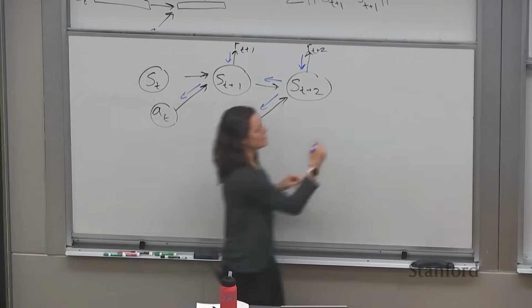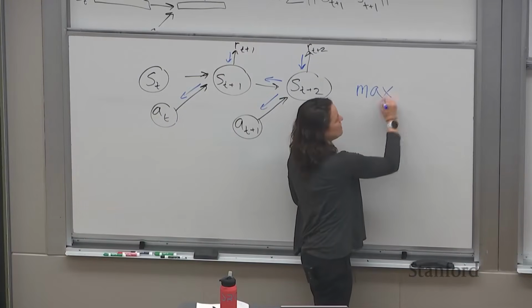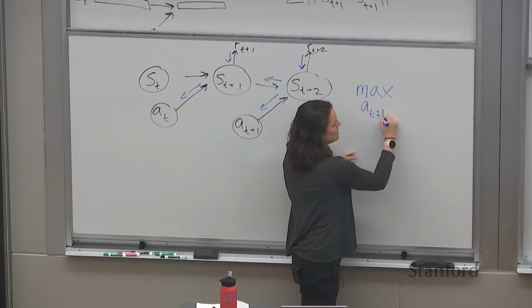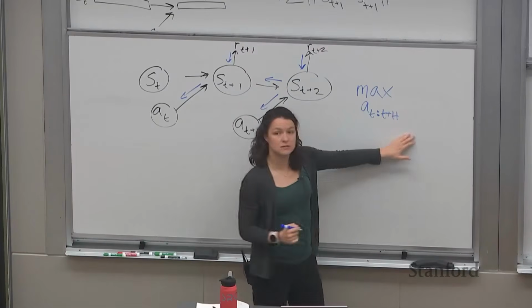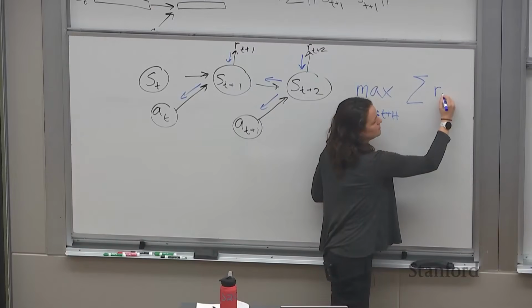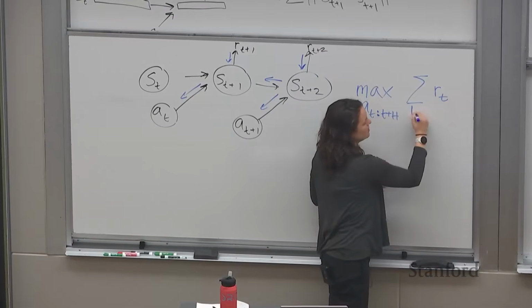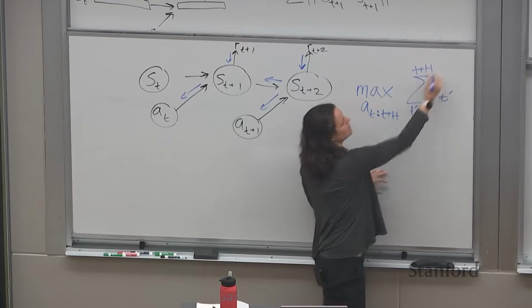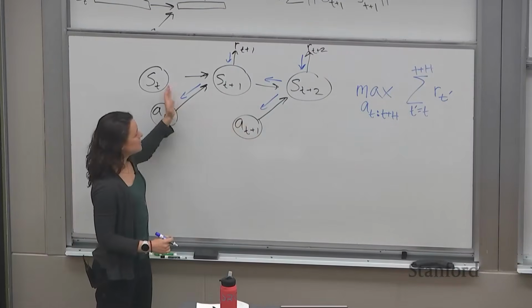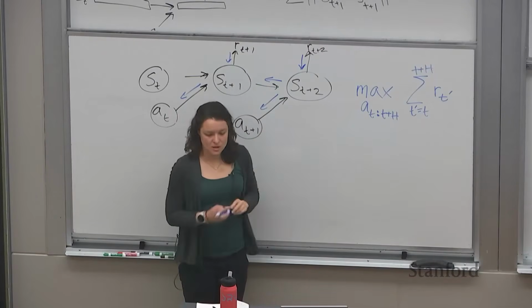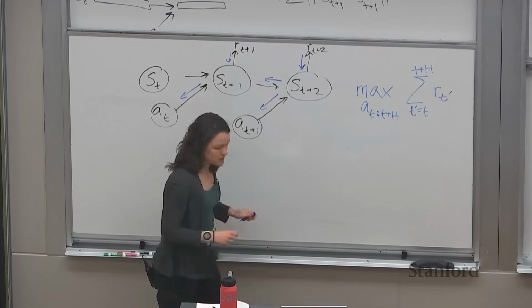What this would look like is your objective would be to maximize either just the current action or maybe the next sequence of actions for the sum of future rewards. Maybe we'll do this over t' for some horizon, so maybe we're optimizing for the rewards from time t to time t plus h. What this would look like specifically, we can show on the slides as well.